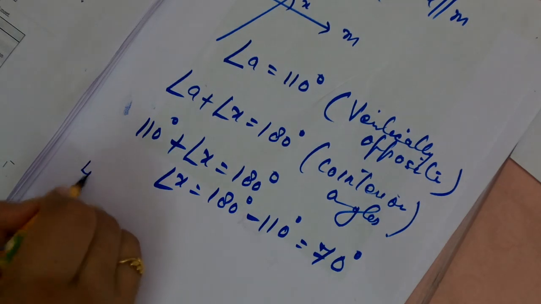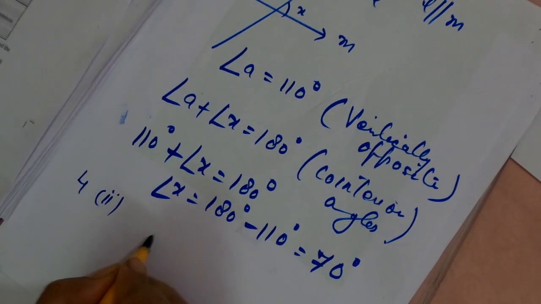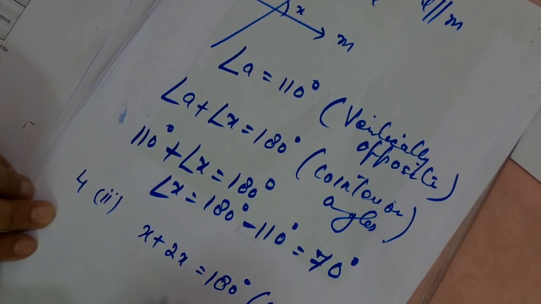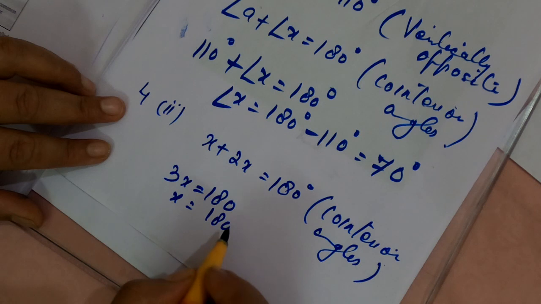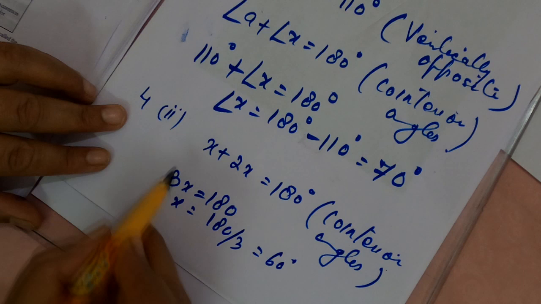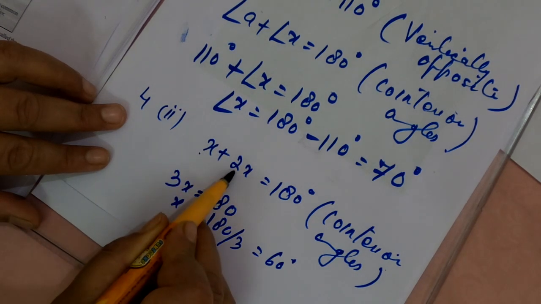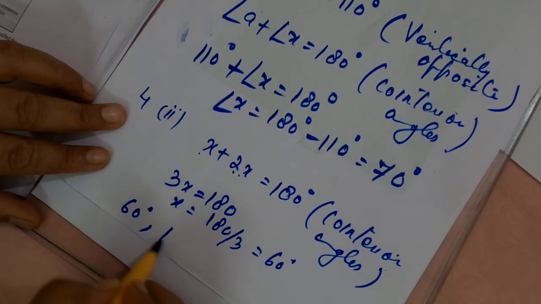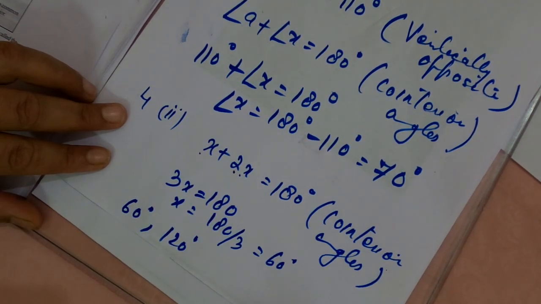In such a question, this is question number 4, second part, you can write x plus 2x is equal to 180 degrees. The reason is co-interior angles. 3x is equal to 180, x is equal to 180 upon 3, that is equal to 60 degrees. So one angle is 60, the other angle is 2x, meaning 120 degrees. So the angles are 60 degrees and 120 degrees. I hope it is clear.